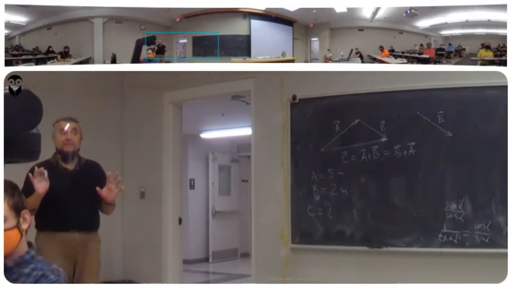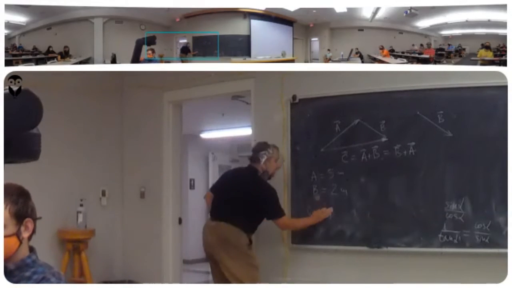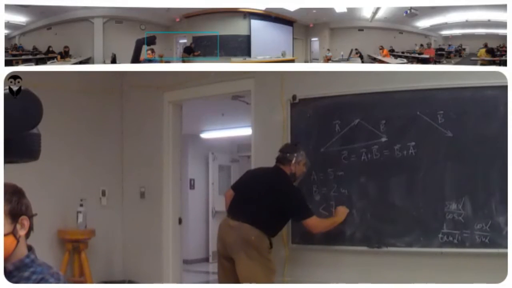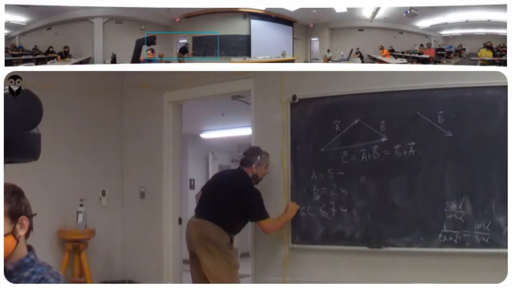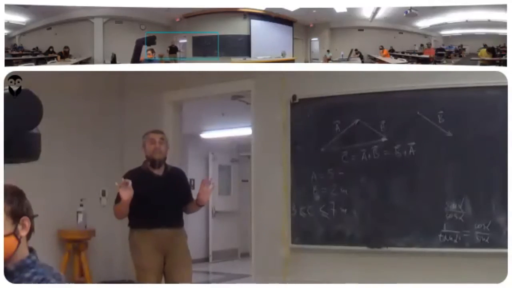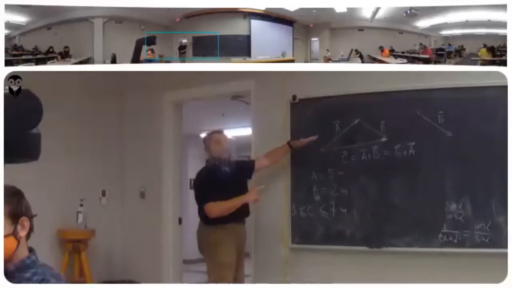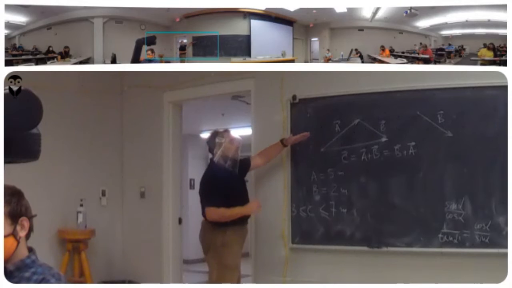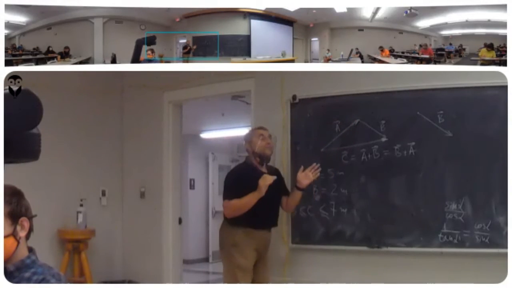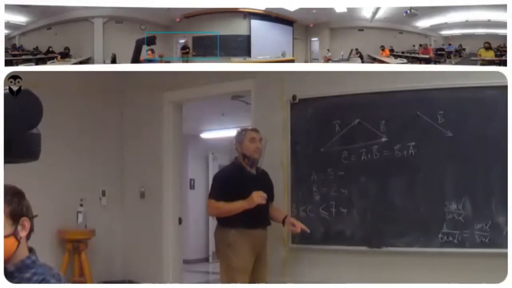But in general, the magnitude of vector C could be any number between 7 and 3 meters, depending upon the mutual orientations of vectors A and B. So let's say if A and B were pointing in the same direction, the magnitude of the sum would have been 5 plus 2, 7.